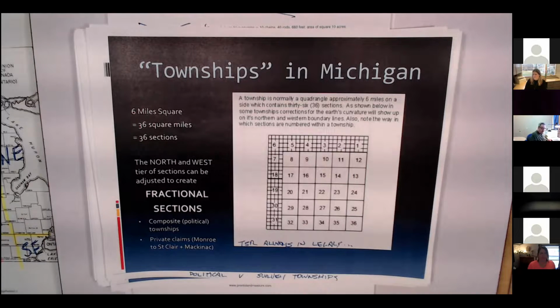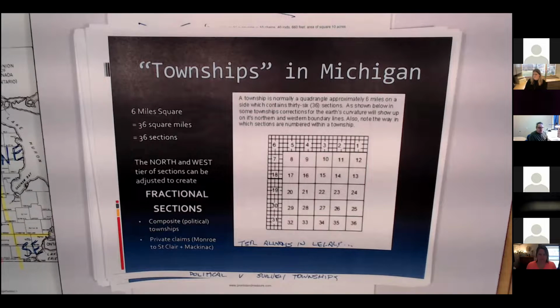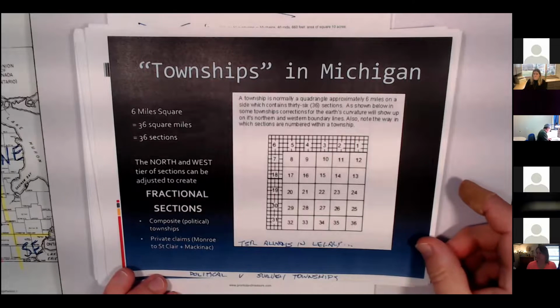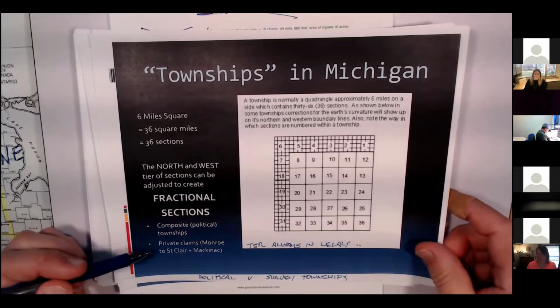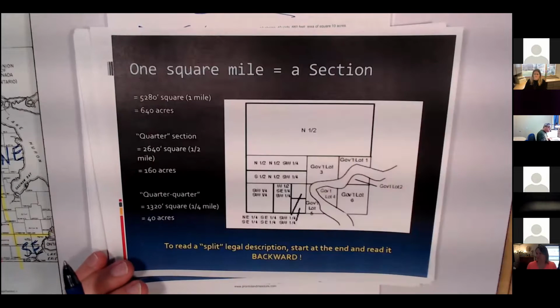So if you see a section of land described with the abbreviation FL, that lets you know right away that you're dealing in a fractional section, and it's not necessarily going to be square. Your 5-acre piece may be something a little bit less than 5 acres for that reason. We'll give you some examples of that as well.